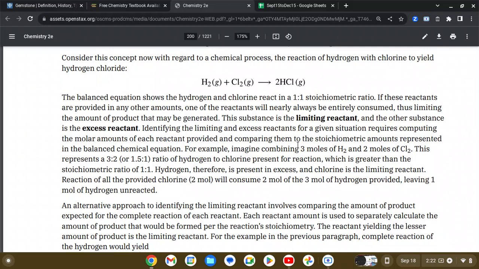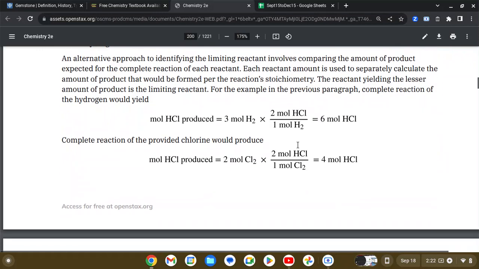An alternative approach to identifying the limiting reactant involves comparing the amount of product expected for the complete reaction of each reactant. Each reactant amount is used to separately calculate the amount of product that would be formed per the reaction stoichiometry. The reactant yielding the lesser amount of product is the limiting reactant.